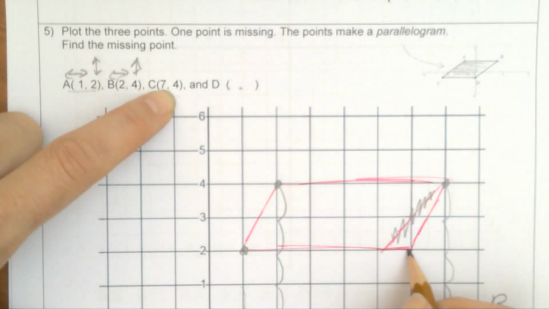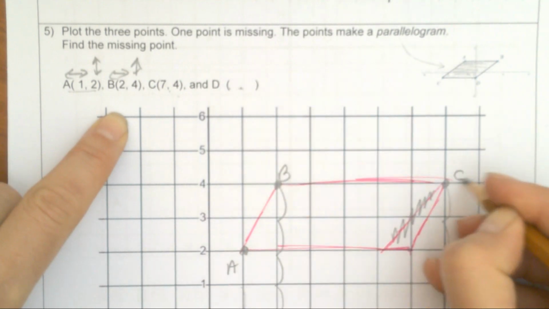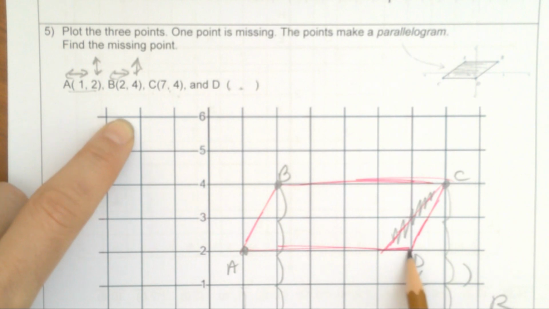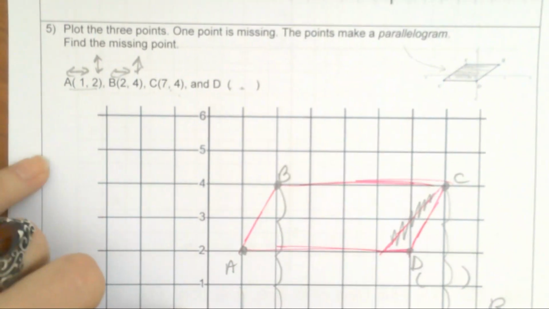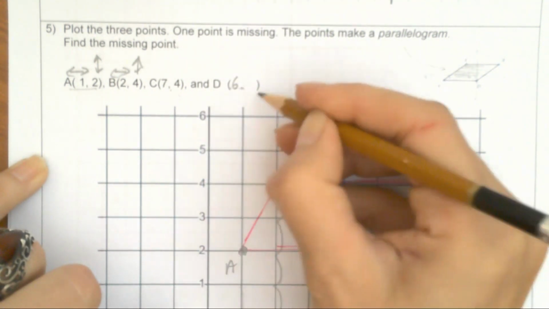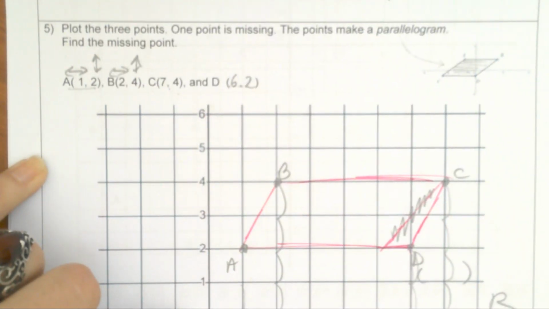That one looked correct. So that was A, B, C. So this is D. And what is D? That point. Let's check. We have to go here and up. 1, 2, 3, 4, 5, 6. And then up 2. There, we found D. Okay. Last one.